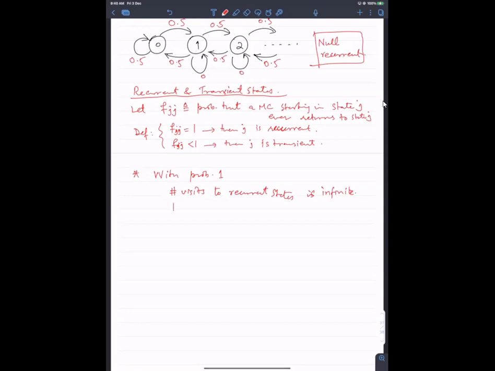Okay, and the number of visits to transient states is finite, which means that there will be a time after which you will never come back to the transient state. Okay.